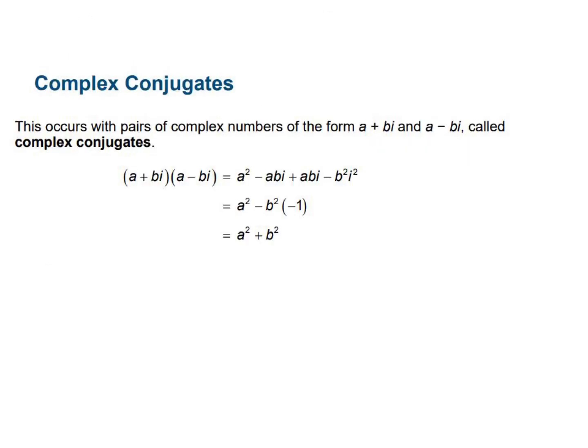Let's talk about complex conjugates. So if I have a plus bi and I multiply it times a minus bi, the middle terms will cancel out, and I will end up with a i squared, which will give me a -1. And so the result ends up being a squared plus b squared. And that actually happened on the previous problem that we just did.